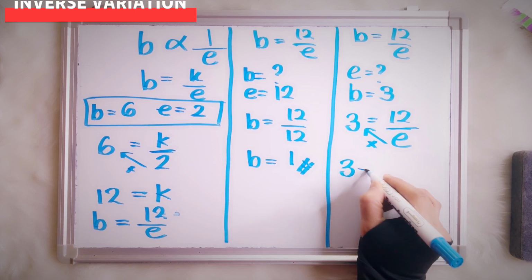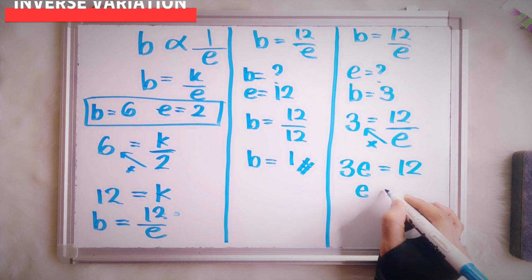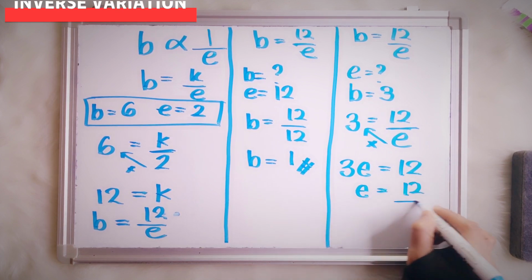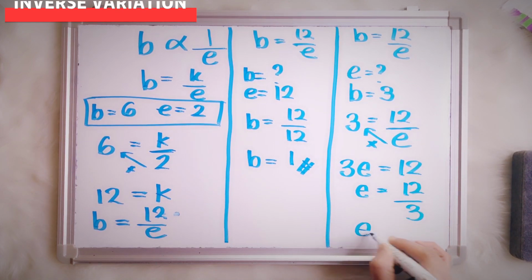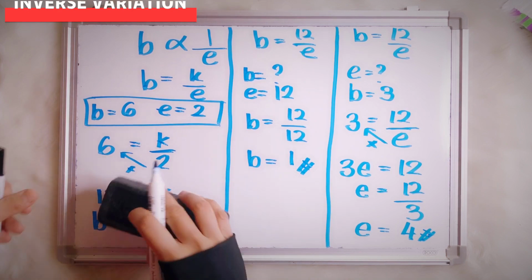So you will have 3E equals 12. Now your E will be 12 divided by 3. Your E now equals 4. Easy. Alright, next.